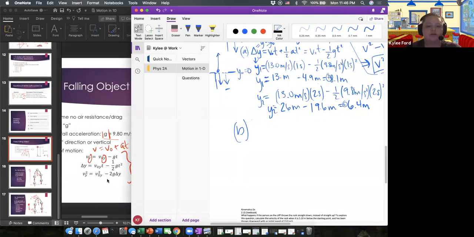So let's go back over here. We know our initial velocity. We know our change in y. So we could use this last equation. We could also use the first equation, I guess, depending on which one you would prefer.